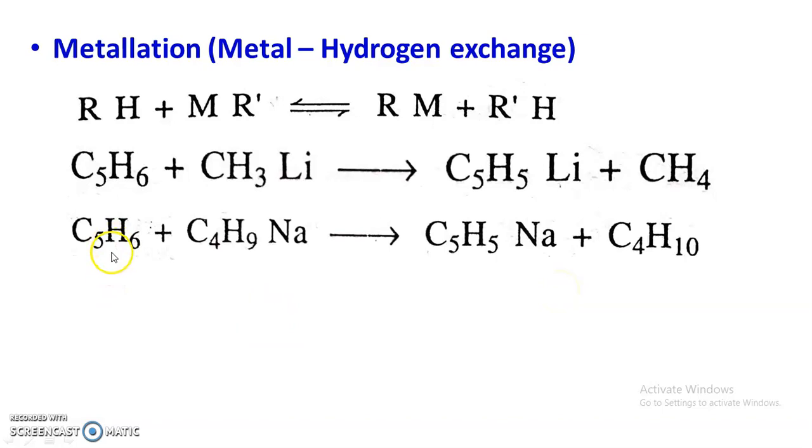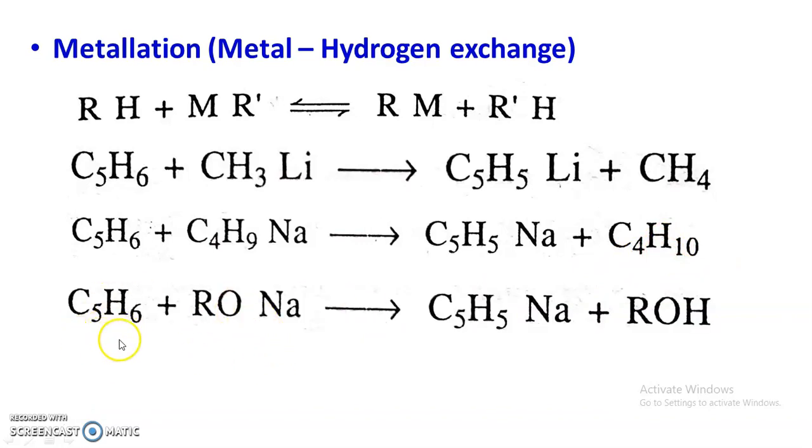Similarly, when cyclopentadiene is treated with n-butyl sodium, then sodium displaces one of the hydrogens of this cyclopentadiene, and there is a formation of an organometallic compound of sodium, that is sodium cyclopentadienide, plus butane.